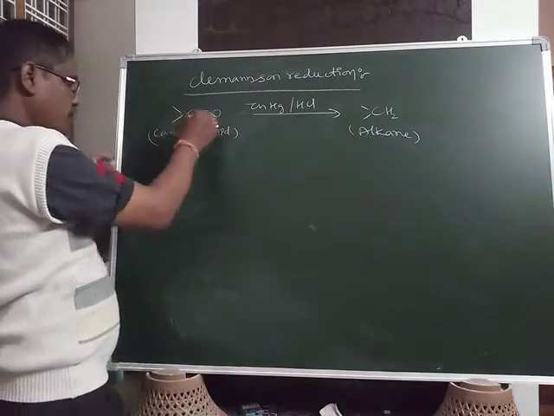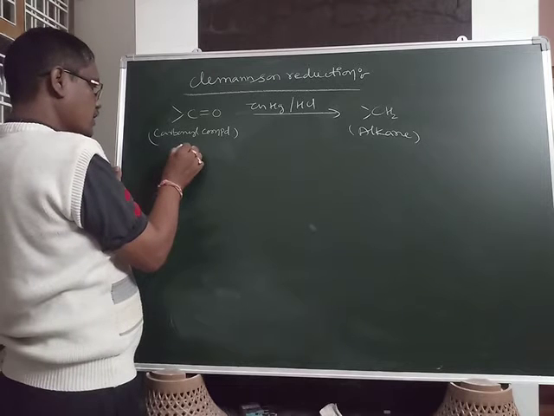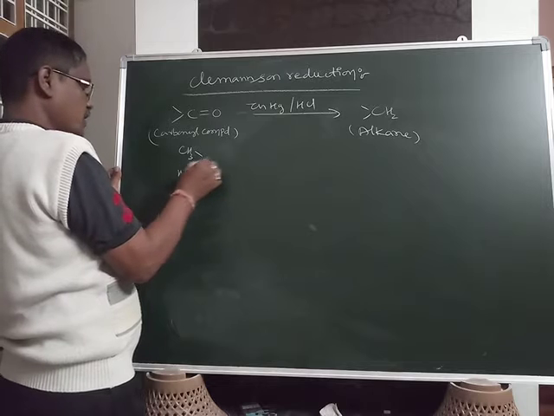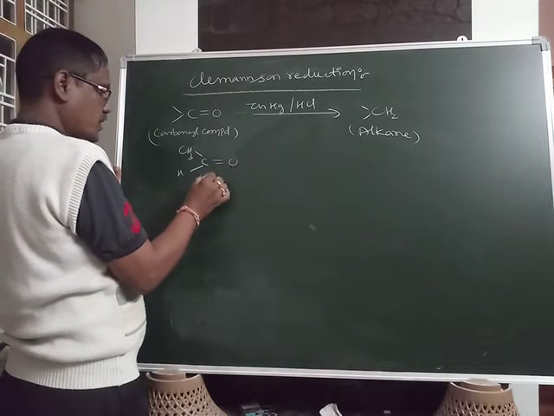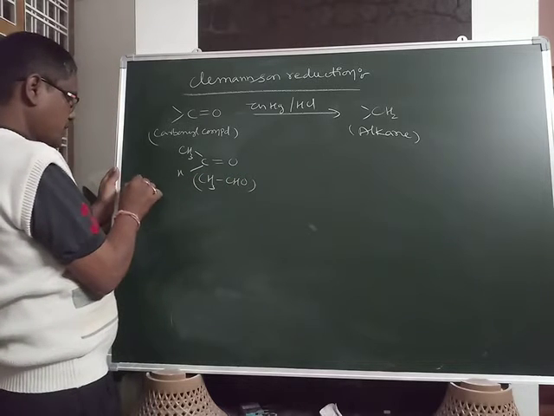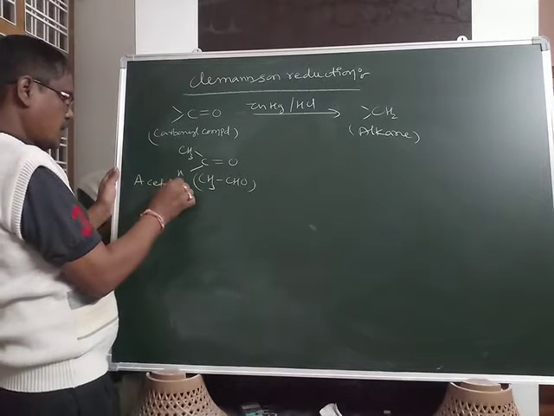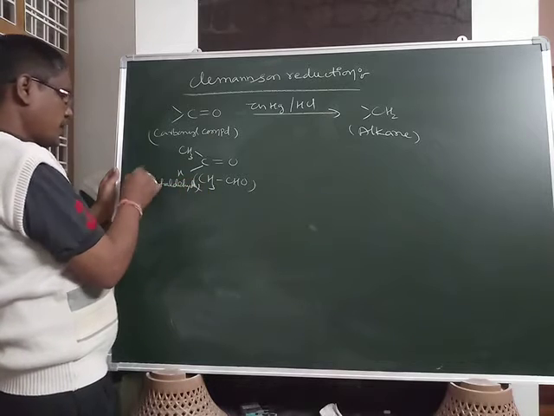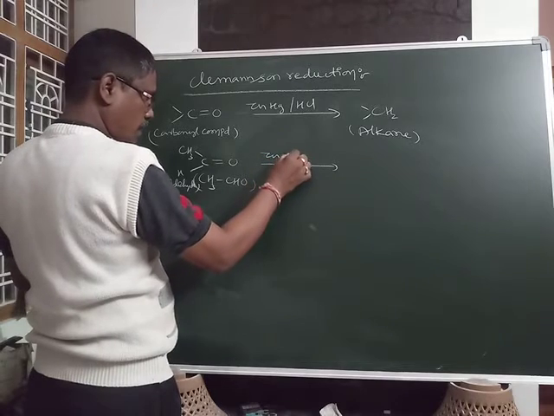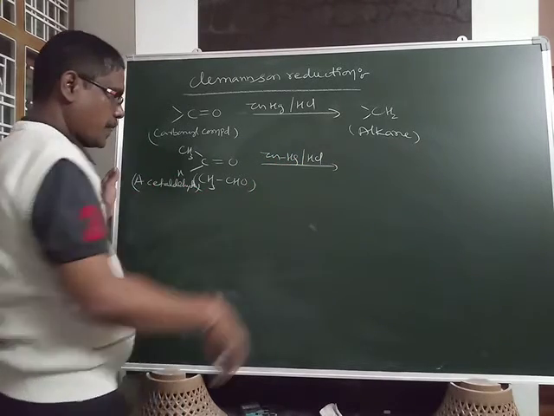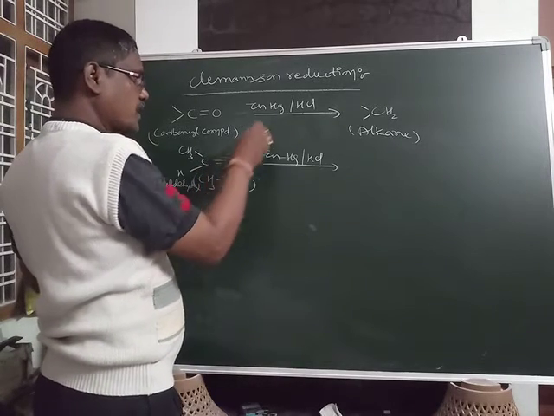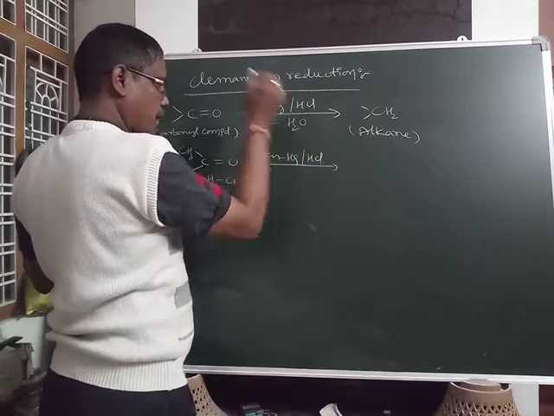When we take CH3 and here one hydrogen, this is CH3CHO, called acetaldehyde. In the presence of zinc amalgam and HCl, the oxygen is eliminated as a water molecule.